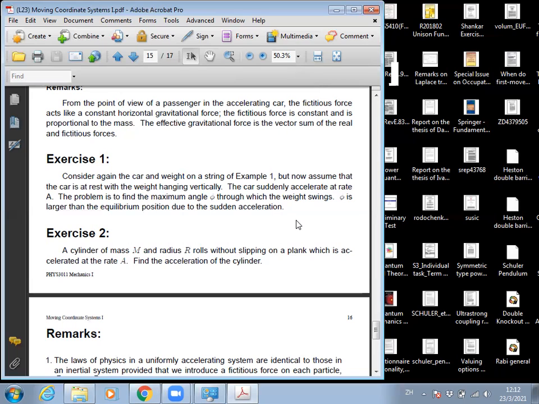All right. Now, what will you do? Which frame will you pick? Inertial frame, the lab frame, or the accelerating frame?